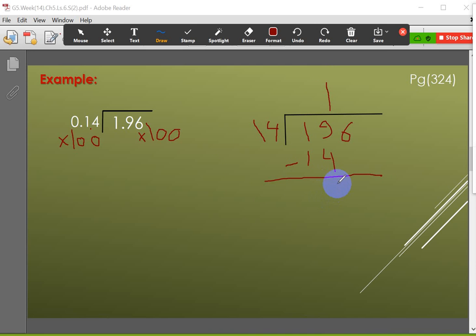It will be 5. 1 minus 1, it's 0. Okay, thank you, Ghuzlan. Now I will choose.